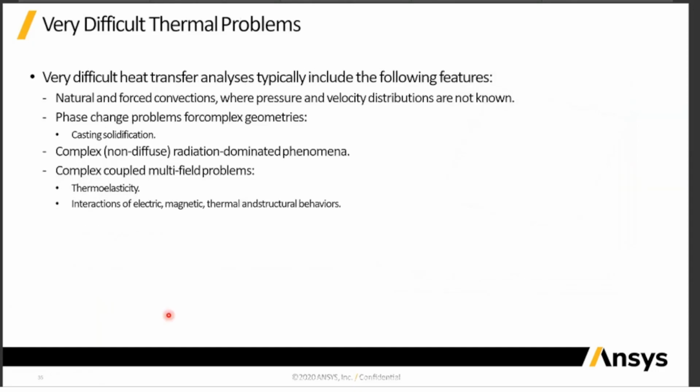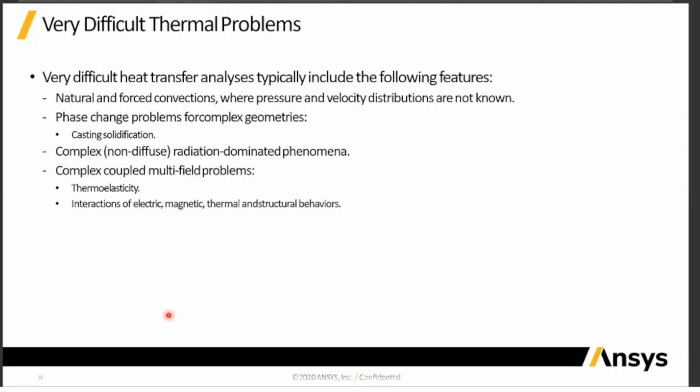There may be some very difficult thermal problems like natural and forced convections, where the pressure and velocity distributions are also not known, or some phase change problems for complex geometry. For such simulations, we have a transient thermal analysis environment.